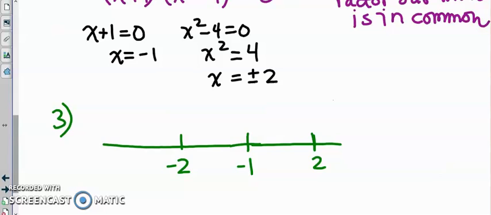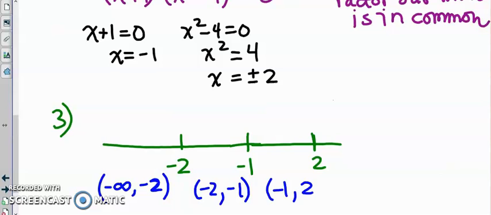So we're looking at the intervals from negative infinity to -2. And here, because we're talking about the equal to at the beginning of the problem, for right now, we're going to go ahead and just keep the parentheses, and we'll talk about the brackets later on. This way we don't get bogged down on if it's a bracket or parenthesis before we get to the end of the problem.